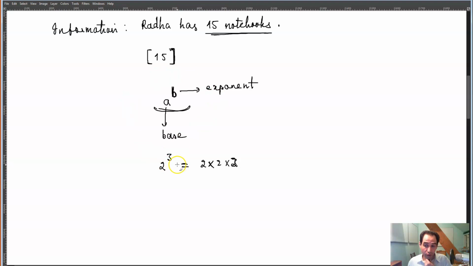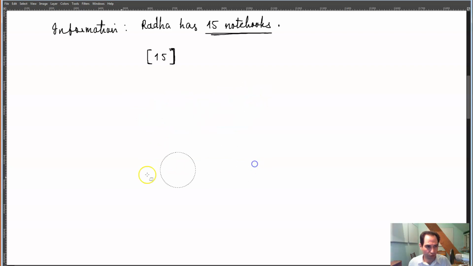So that's what notation is, and notation is extremely important, otherwise there will be confusion and you wouldn't know what to do. Unfortunately, sometimes in mathematics there is confusion about notation.